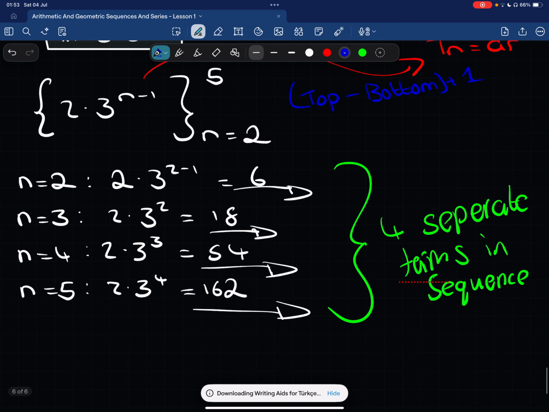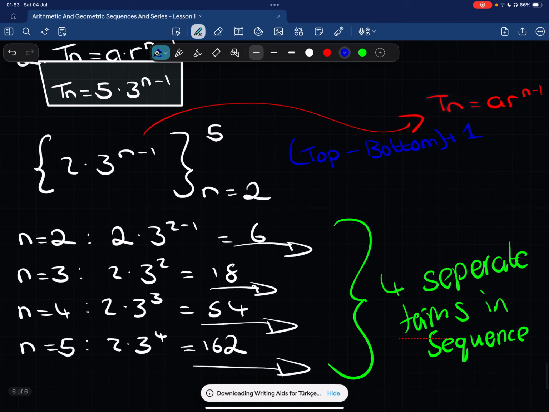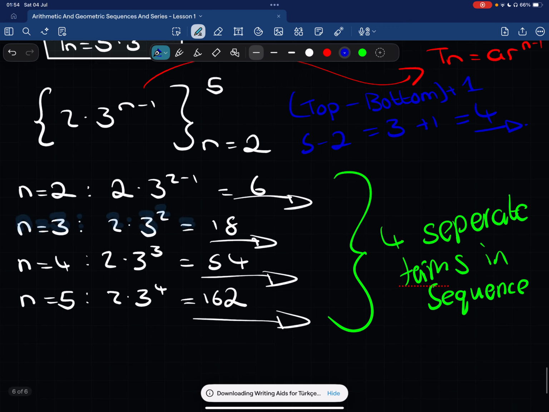So we know that there's going to be 4 terms in this sequence because we can say 5 minus 2 is equal to 3 plus 1, which is equal to 4. That will prove quite valuable later when we move on to a section known as series, which is when we start adding all of these terms up.